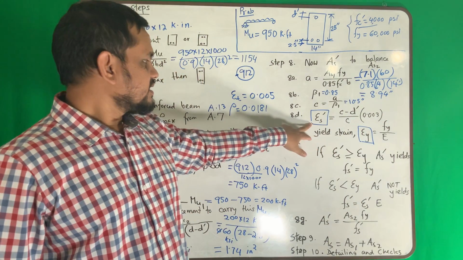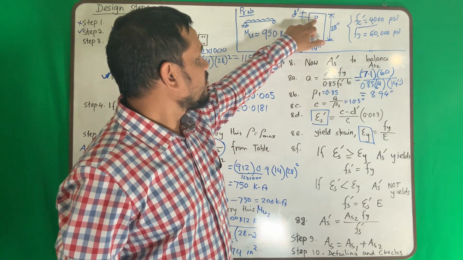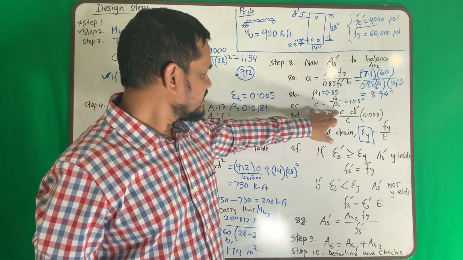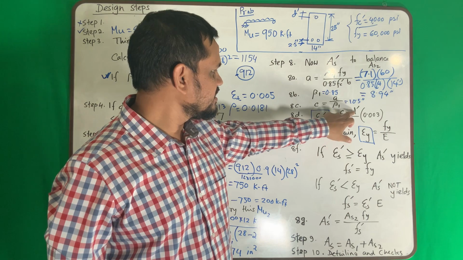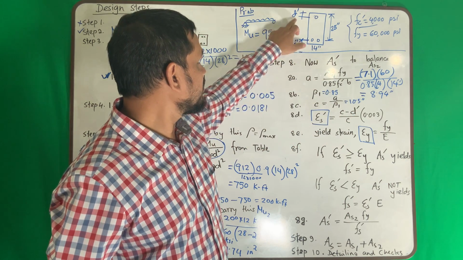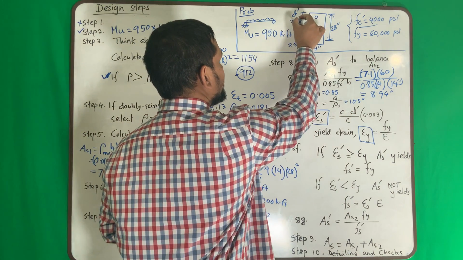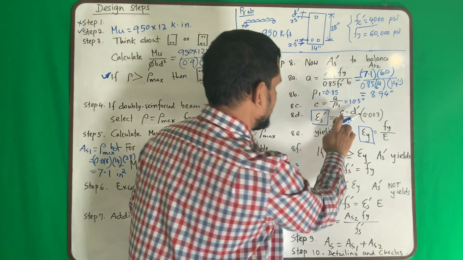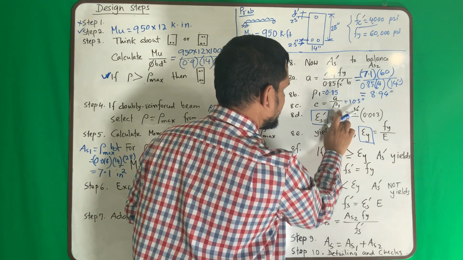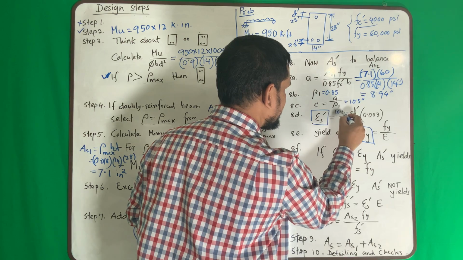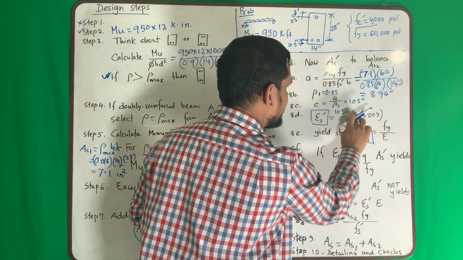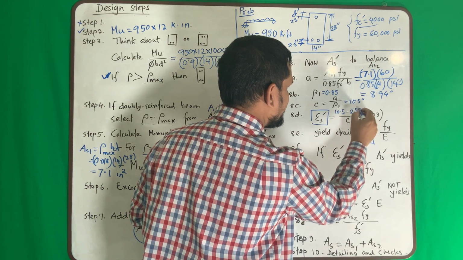Then strain in compression steel. C is 10.5 minus D prime is 2.5, as we assume 2.5 here. Okay, let me write the value. So C will be 10.5, D prime will be 2.5.